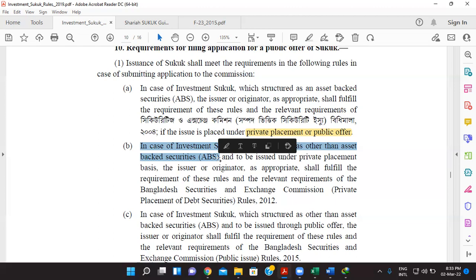and the issuer will take the proceeds from the investors and use the proceeds to purchase the asset, and then out of the cash flow which will be generated from the purchased asset, it will be distributed to the Sukuk holders. Say for example, Ijara Sukuk.